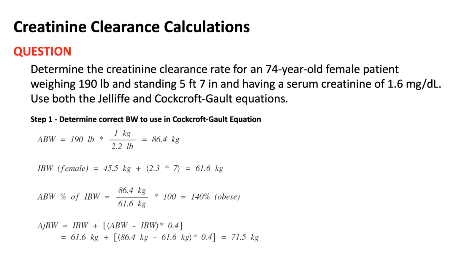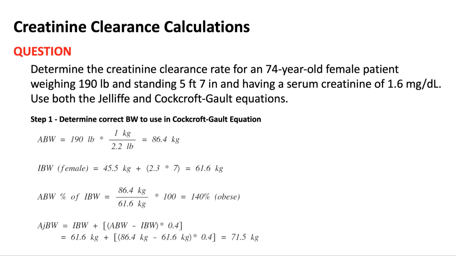The next step now is to actually calculate her actual body weight as a percent of her ideal body weight. Okay, so that's easy. Let's just take her actual body weight, which we said was 86.4, and we're going to divide it by her ideal, which was 61.6, and then we multiply by 100 just to express it as a percent, and we can see that she weighs 140%.